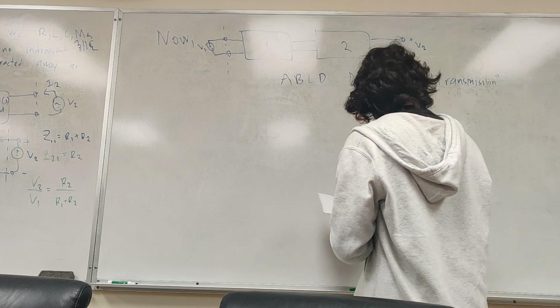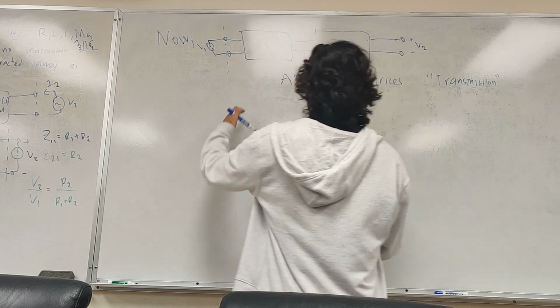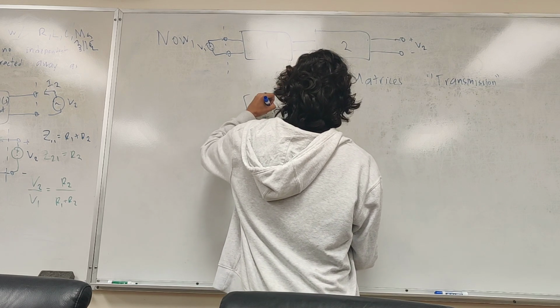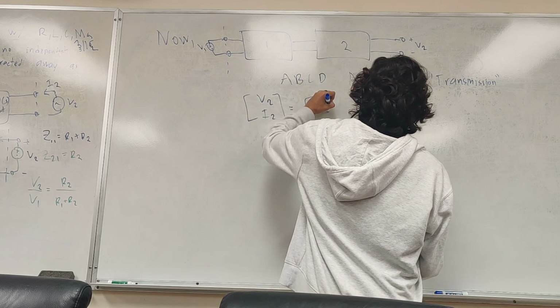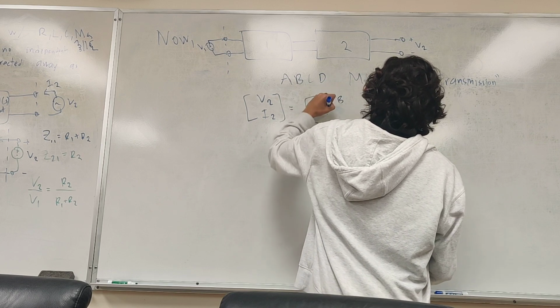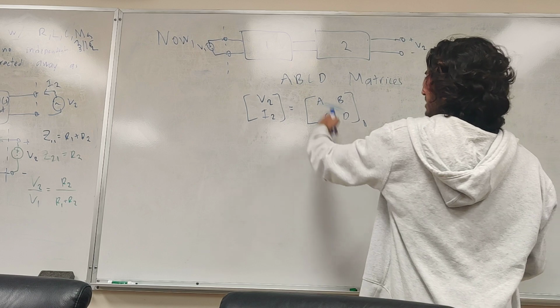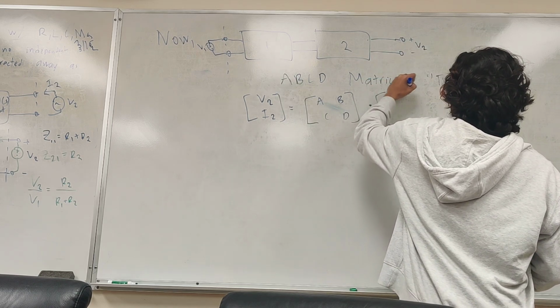And just for the sake of getting the groundwork laid out, this is kind of what we're going to do. This is just some ABCD matrix of two-port 1.